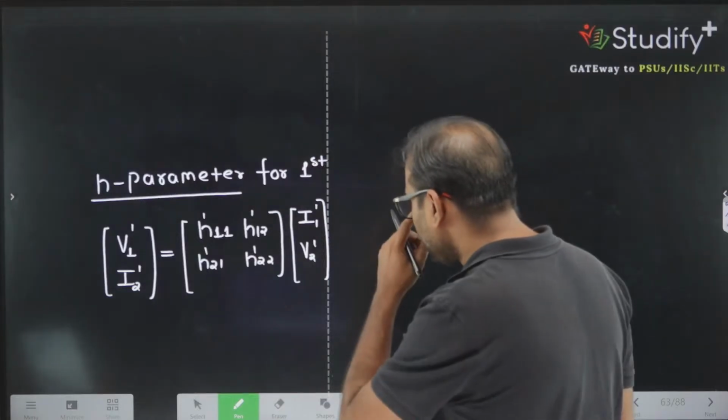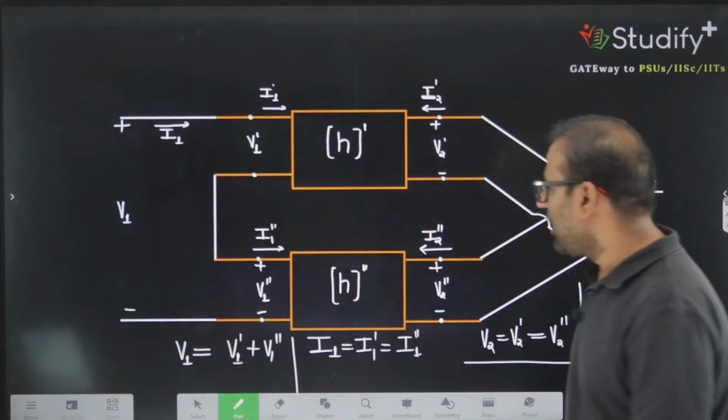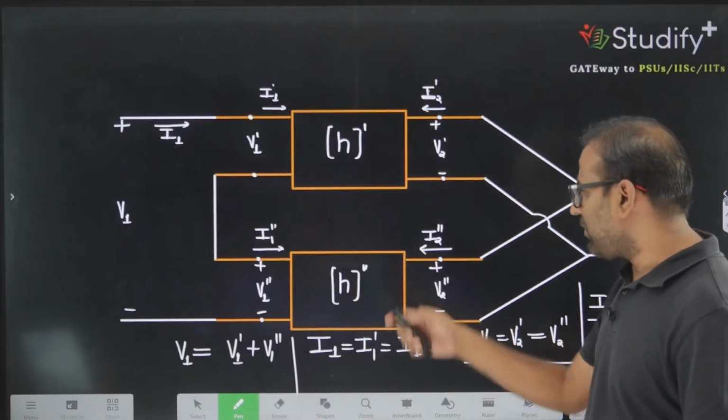What is the second equation we are having? The second equation is the two-port network H parameter for the second network. And what is the second network?